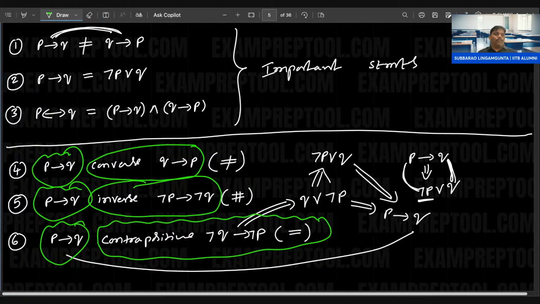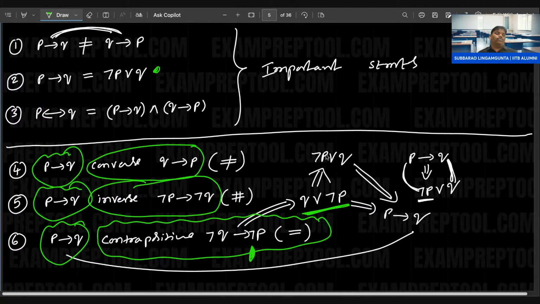And one more thing, remember, negation Q implies negation P can be written as Q OR negation P. If you observe clearly, this is going to be negation P OR Q, which is nothing but P implies Q.